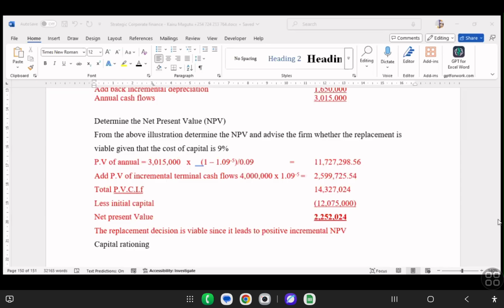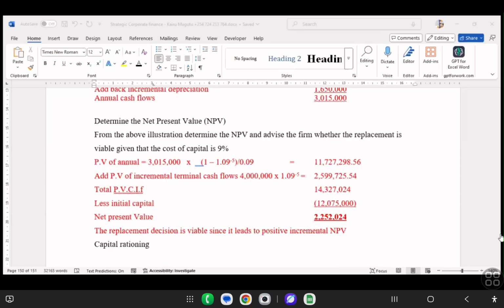Someone is asking, don't use the annuity factor in the terminal cash flow. Terminal cash flow is a one-off cash flow. It is not annual, so we cannot use annuity on the terminal cash flow. Yeah, I think those are the questions that I see.